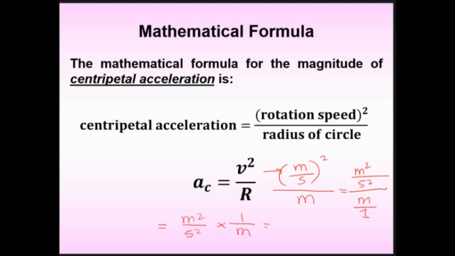What happens to an m here and an m here? Cancel. And what's your final answer? Indeed, it is, at the end of the day, acceleration inward. That makes perfect sense.